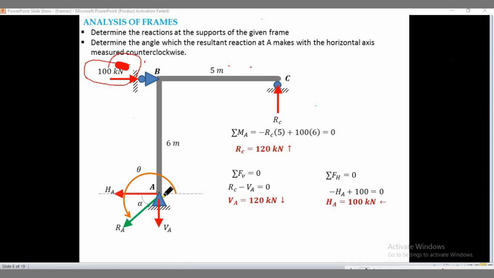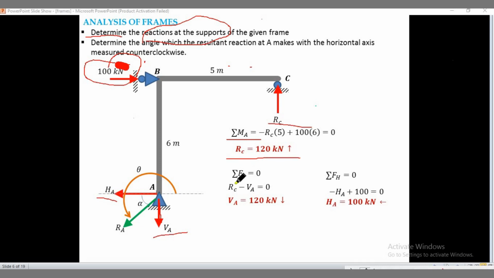Then, kay VA. This is a hinge. So, meron tayong vertical at saka horizontal reaction. Pero, ang tinatanong kasi dito is the reactions at the supports. So, we need to determine RC, VA, and HA. If I take summation of moments at point A, makukuha ko si RC.